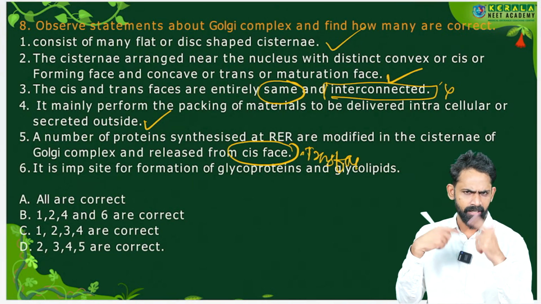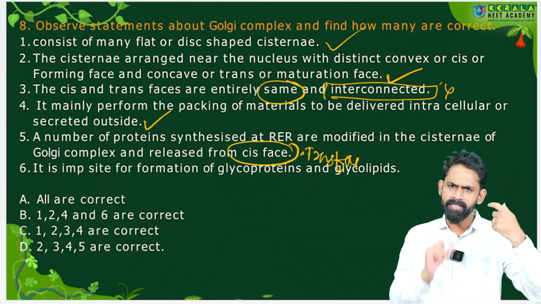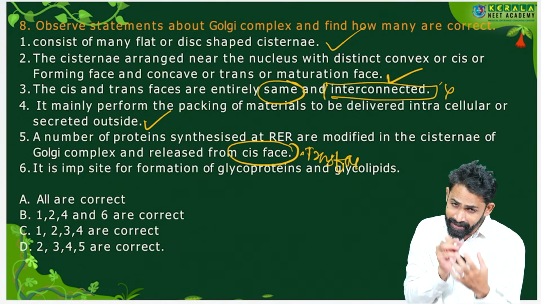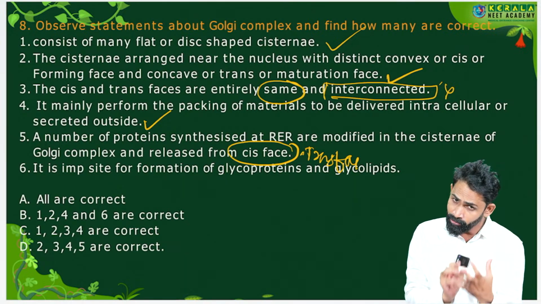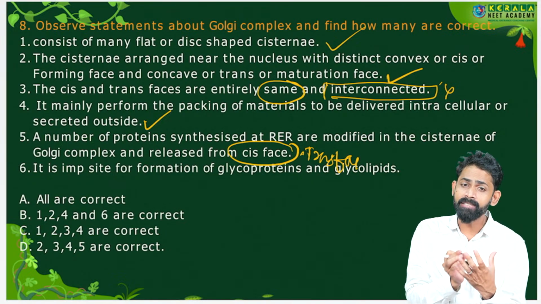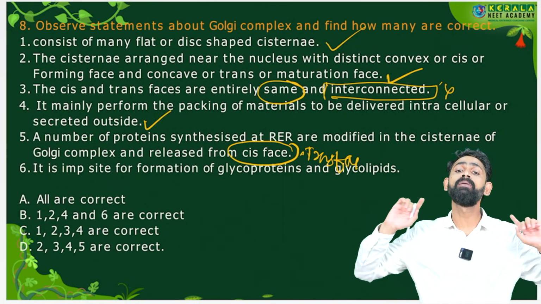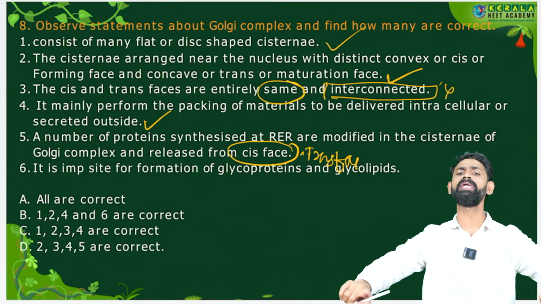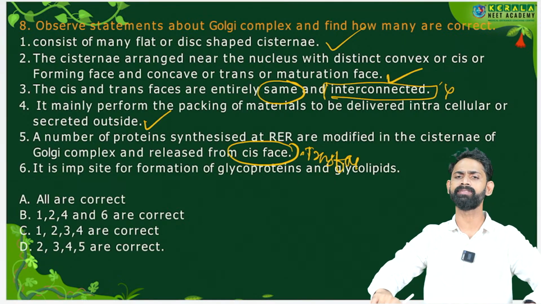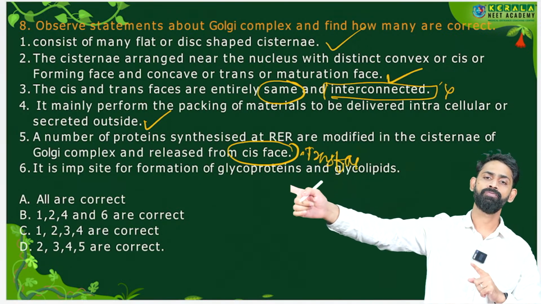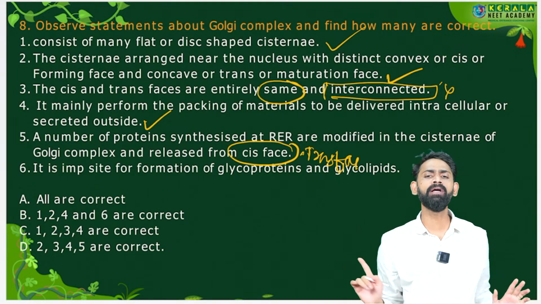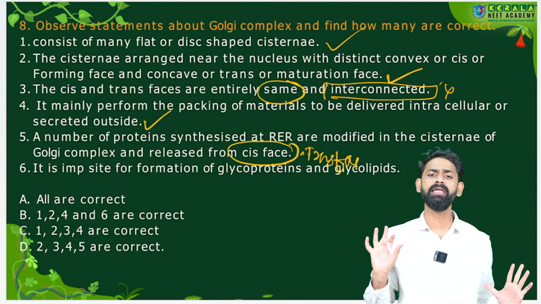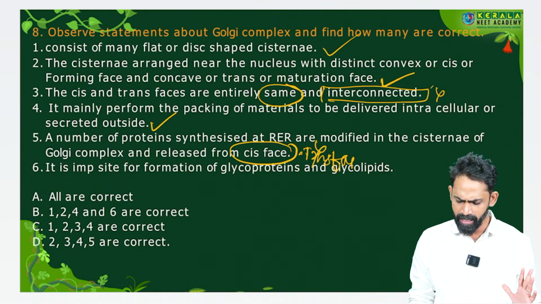You need to imagine the proteins synthesized by the endoplasmic reticulum come and fuse with the cis phase. Once the modifications are over, the matured, functional proteins are delivered out from the trans phase of the Golgi complex. If you have imagination, you can understand this point. This one is wrong.